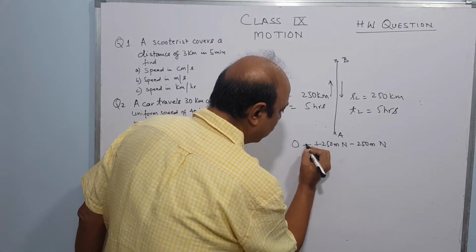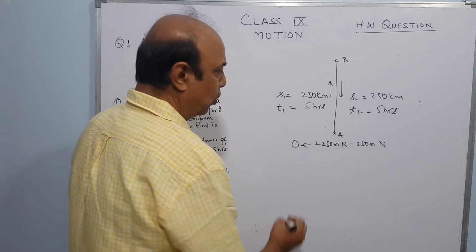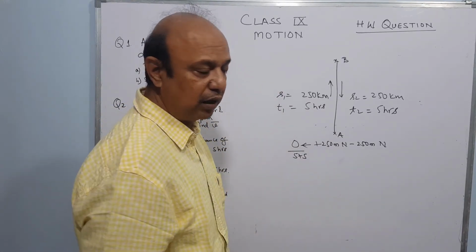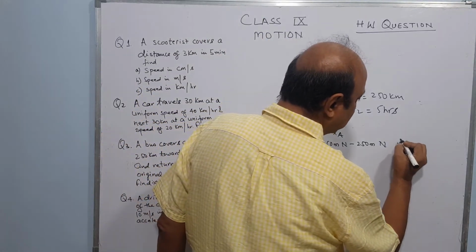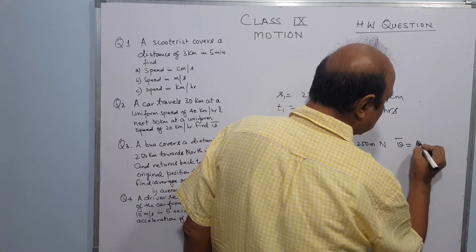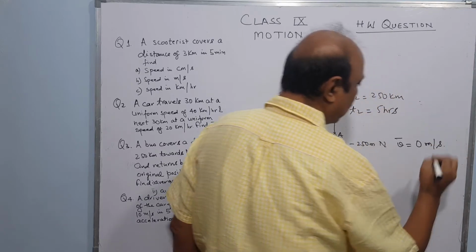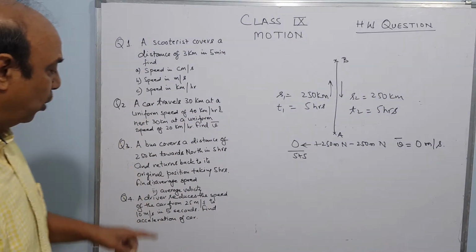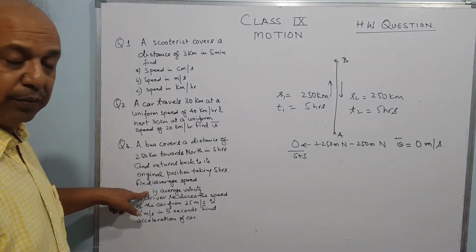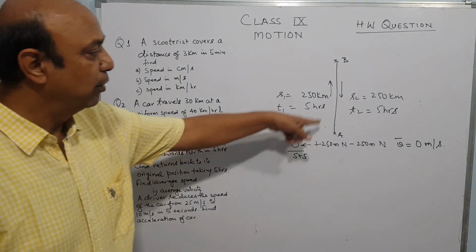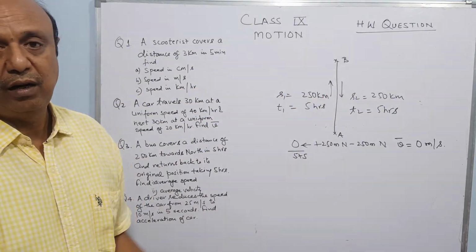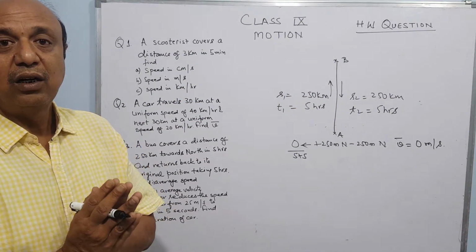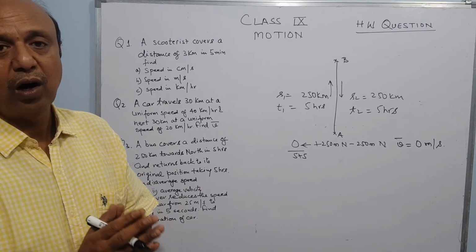So the total displacement is 0 upon 5 plus 5, the total time taken. So average velocity is 0 meters per second, or kilometers per hour. Don't get confused, velocity is not the same as speed. Velocity is total displacement upon total time.